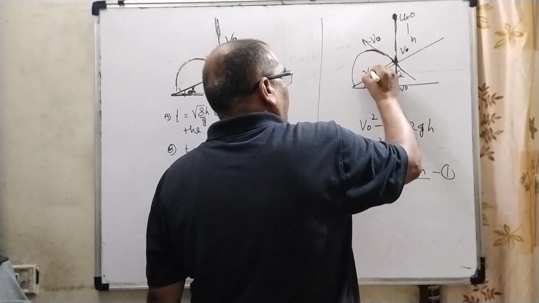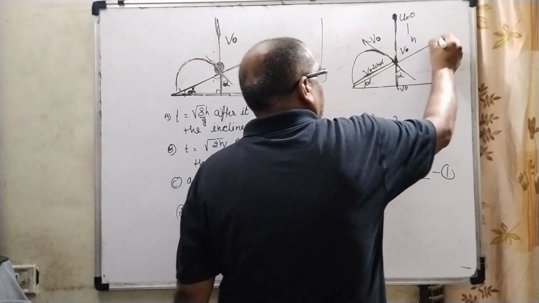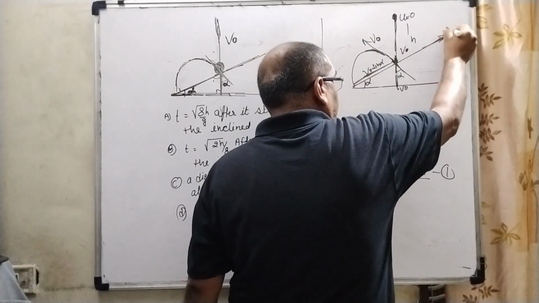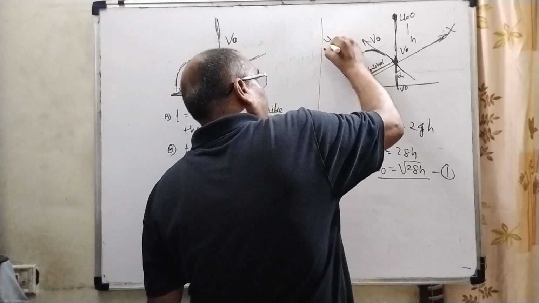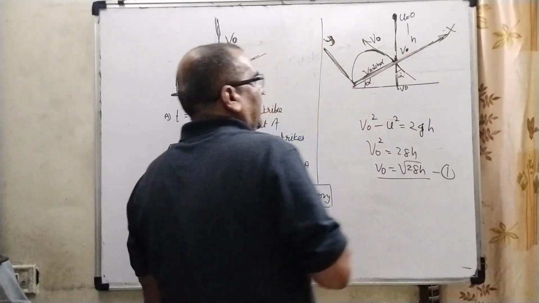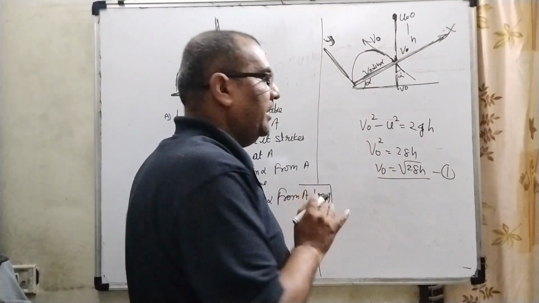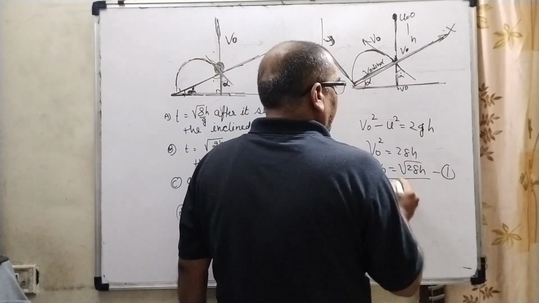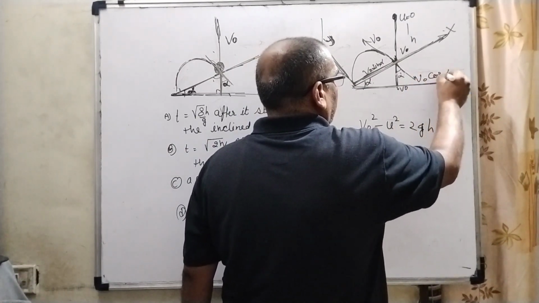That is v naught sine alpha along the x-axis. We have considered for some time that this is the x-axis and this is the y-axis according to the inclined plane, not the horizontal. It is a very important fact. And here v naught cos alpha.